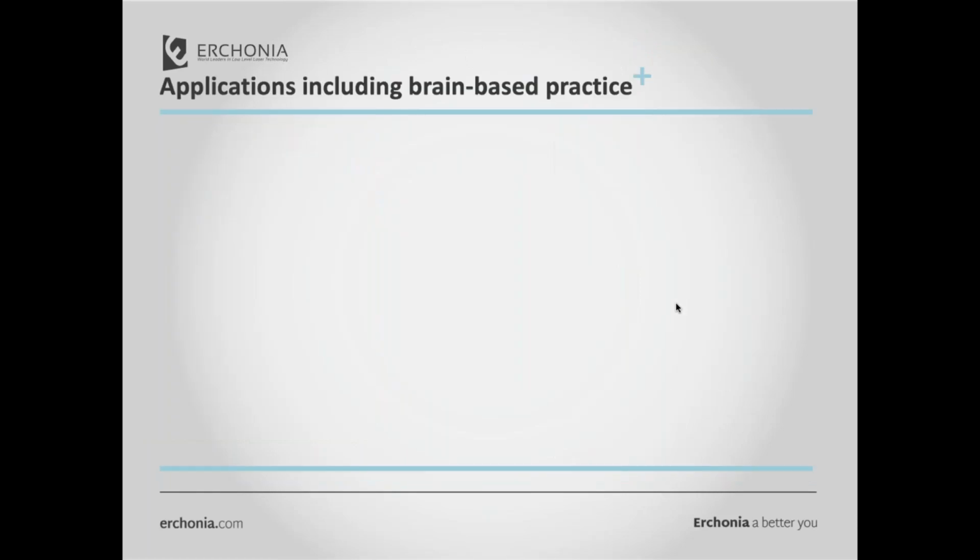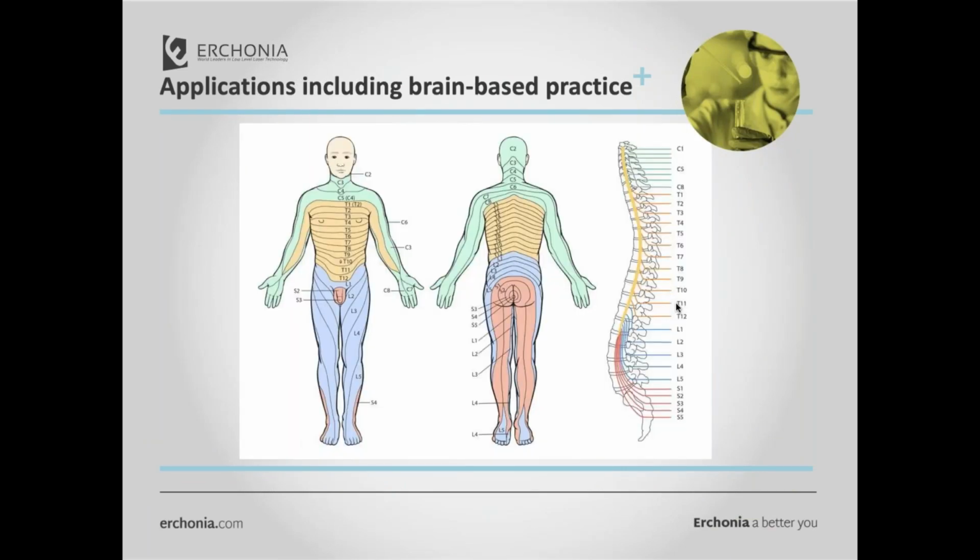So applications for these devices, we can use these devices pretty much anywhere. So if, for example, we're going to use them in a pain management setting or a dermatological setting, or pretty much anything we want to do with the body, those of you that are chiropractors will see that we have a dermatome chart.